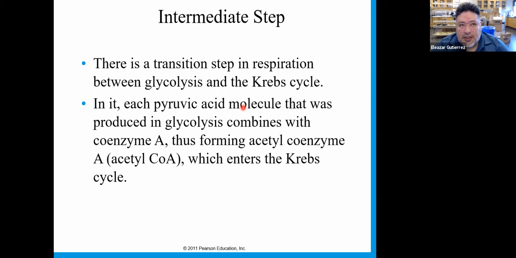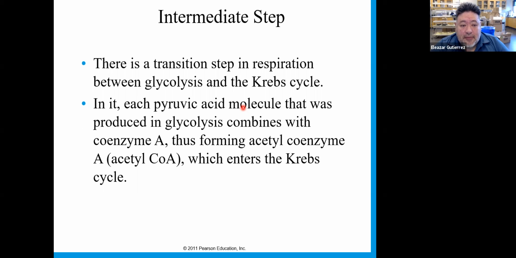Okay. So right between glycolysis, incidentally, where does glycolysis take place? That's right, in the cytosol. Where does the Krebs cycle take place? In the inner mitochondrial chamber, also called the matrix. Your author doesn't call it the matrix, but most other biology books call it the matrix.